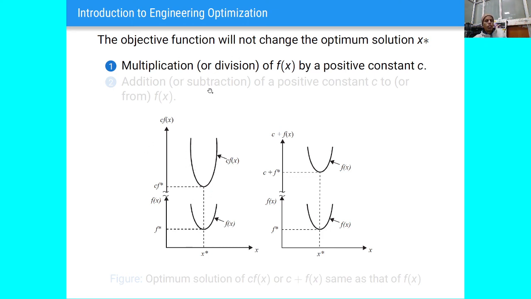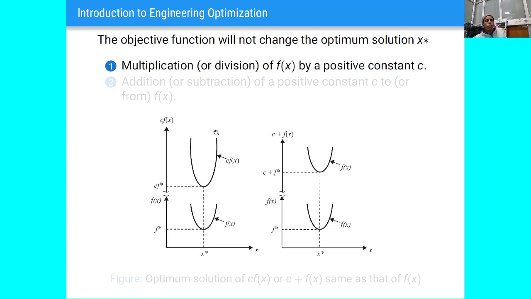Suppose we are multiplying the function f(x) by a certain constant. So what will happen? All the points on this function will be multiplied by a certain value, and this curve will shift to a new curve. This is your c f(x).